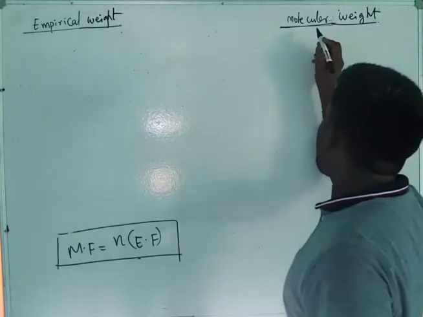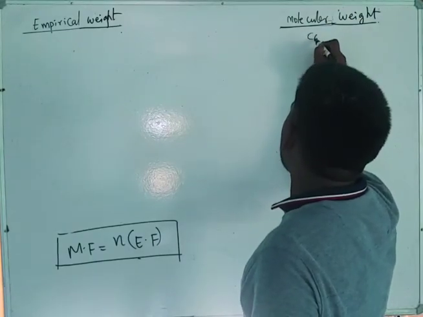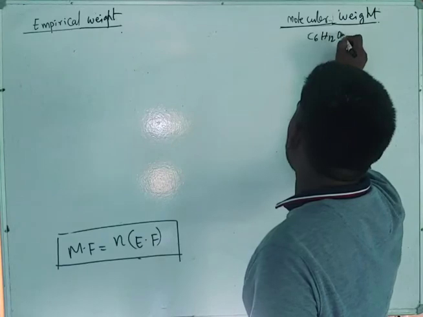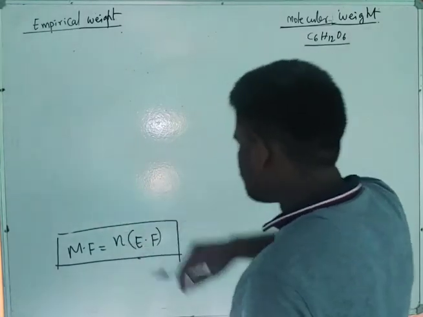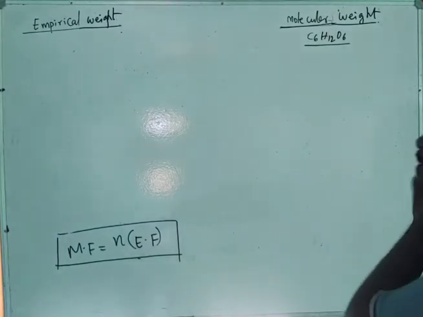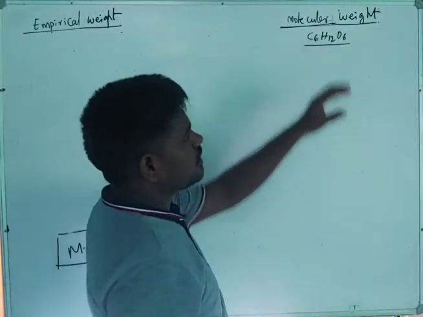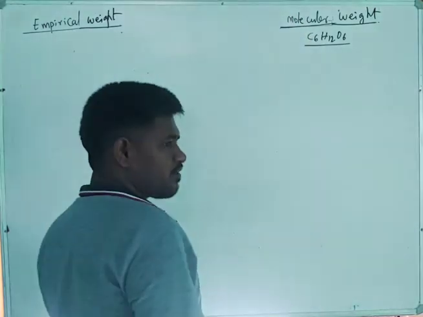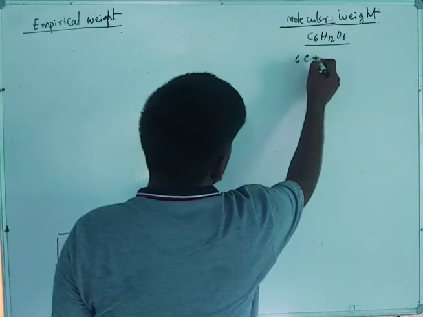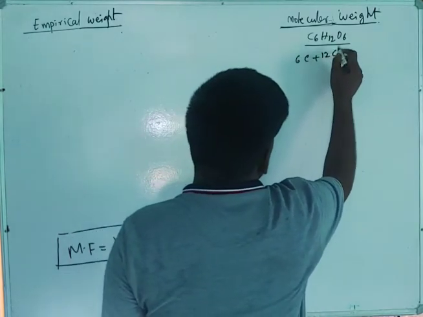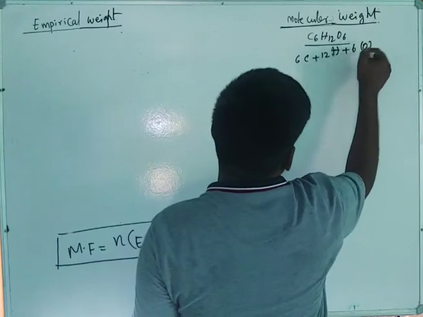So now you take one molecular formula, that is glucose, C6H12O6. Here, which is a molecular formula. Now in this molecular formula, by adding all the atomic weights of the atoms, we can get the molecular weight of glucose. 6 carbons are there, plus 12 hydrogens are there, plus 6 oxygens are there.